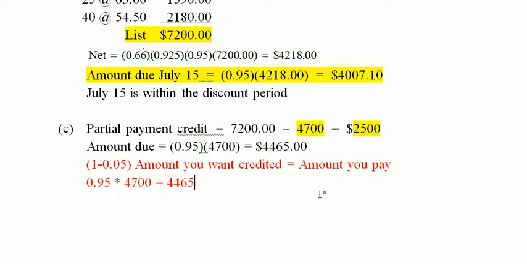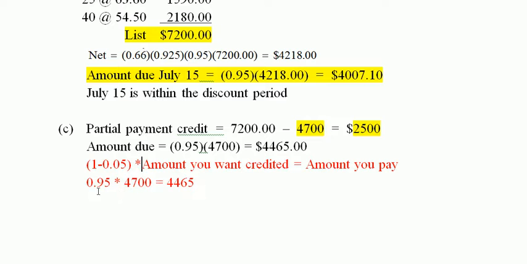However, we are going to pay within the discount period, so we are entitled to some discount on that 4,700, so we don't have to pay quite as much money as that. Now, notice the little formula I put to make it clear. 1 minus 0.05, multiplied by the amount you want credited, is the amount you pay.